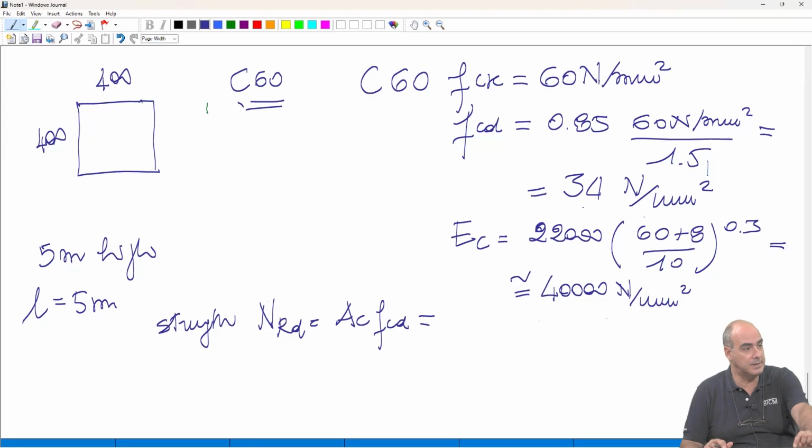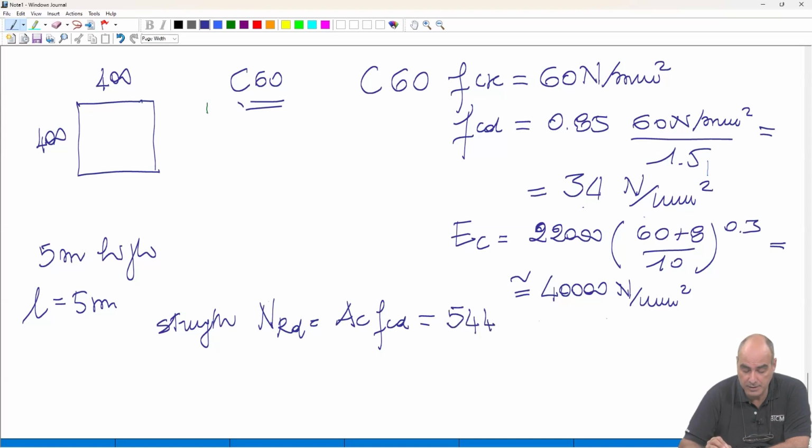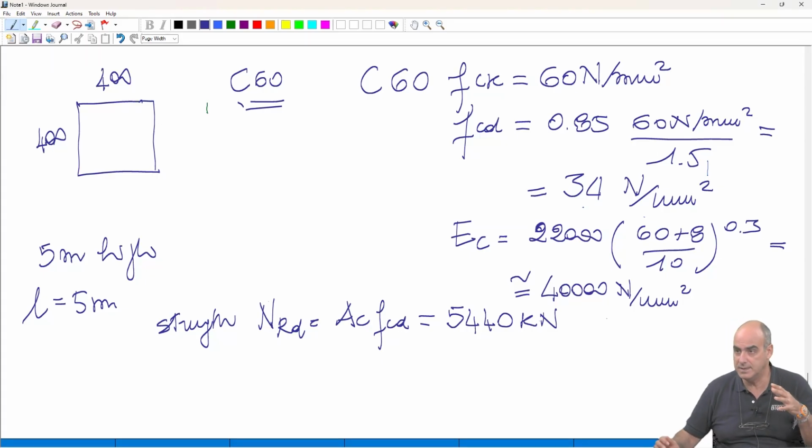It's 400 by 400 square millimeters times 34 Newton per square millimeter. Can you tell me how much is that? 5,000? 5,440 kilonewton. So it means a little bit more than 500 tons, just to understand.